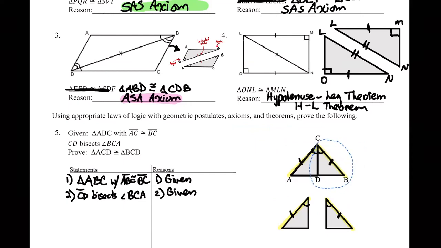It has to do with how you prove triangles are congruent in general, and that is by the axioms. I need either all three sides to be congruent from one triangle to another, three pairs of corresponding congruent sides. Doesn't look like I'm close to having that.